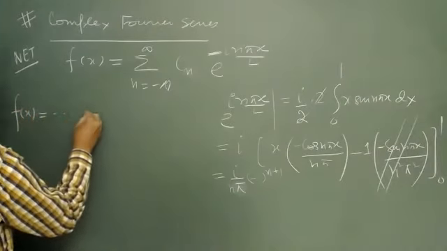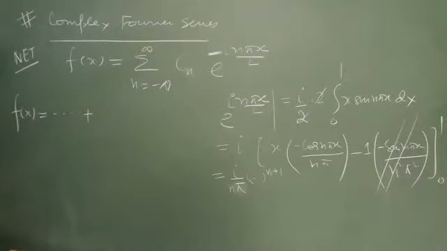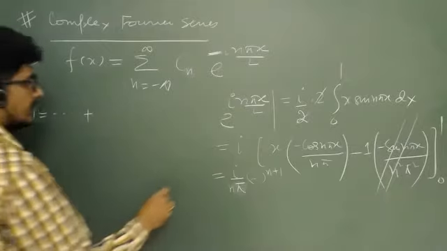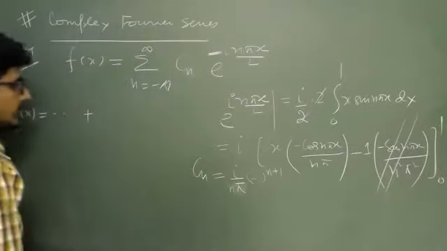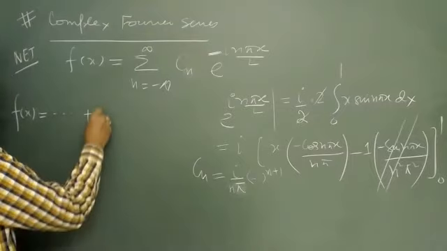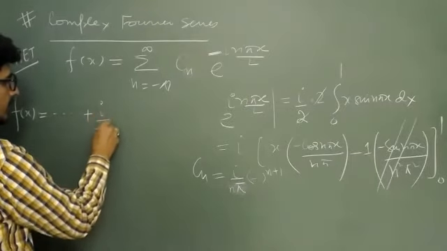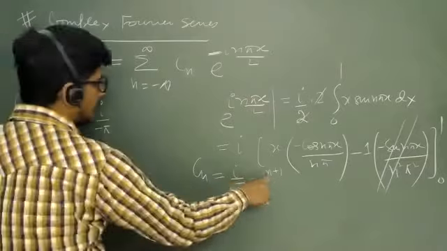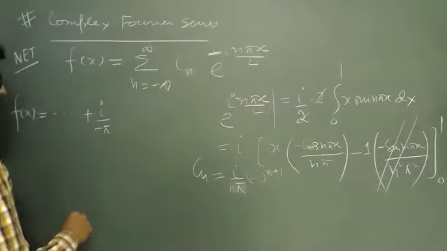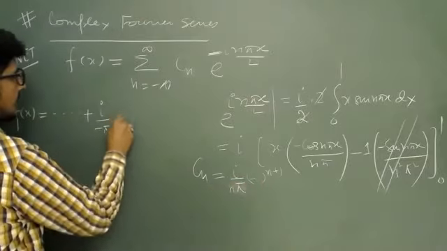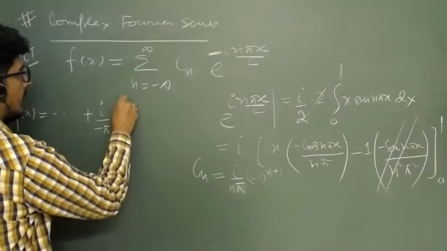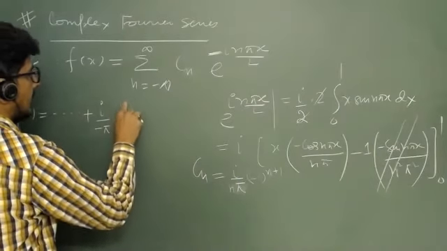So you'll be coming from this side. Then I will write c of minus 1. This is c_n. What will be c of minus 1? It will be iota over minus pi, and minus 1 here will give 1. So this will be the coefficient, and e to the power i pi x.